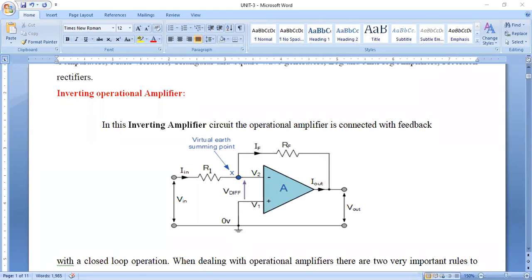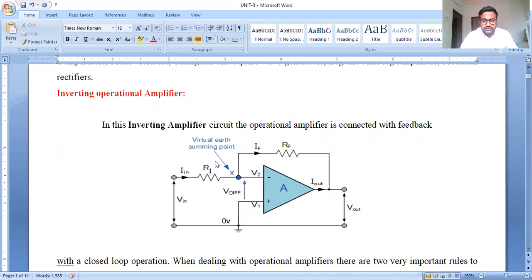In this equivalent circuit, this is the inverting terminal, where the negative terminal is connected to the input through the input resistance.